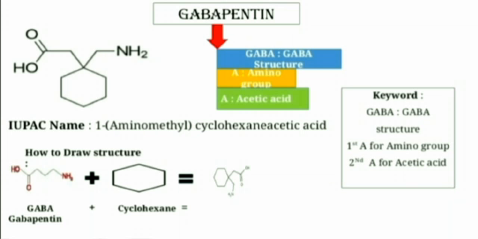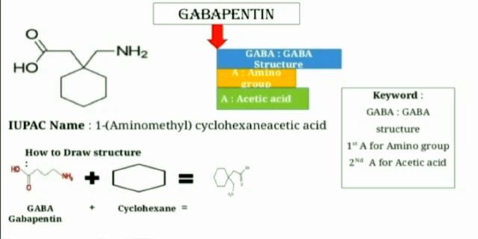Then the third drug used as a miscellaneous compound acting on the CNS is gabapentine. In gabapentine, the name GABA indicates that it includes the structure of the neurotransmitter GABA.